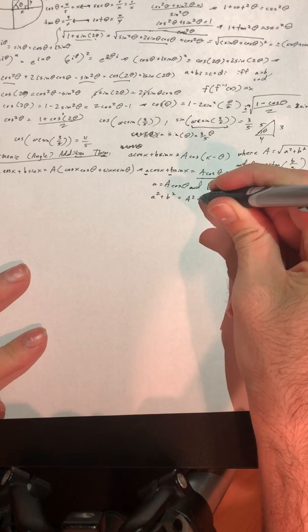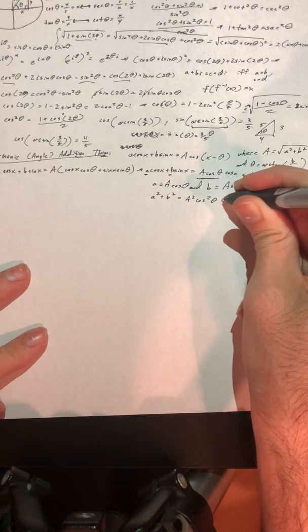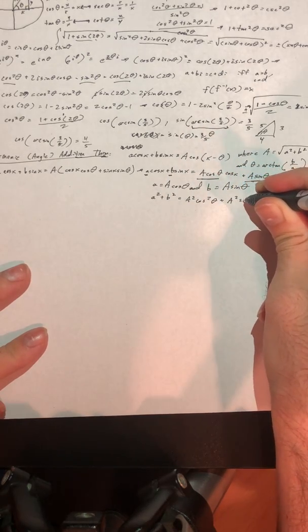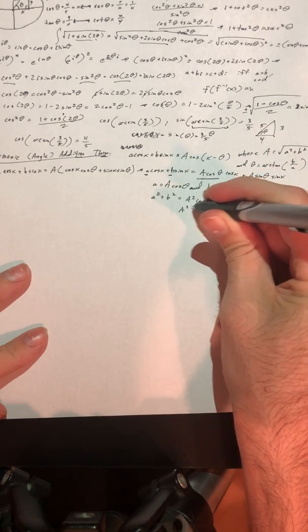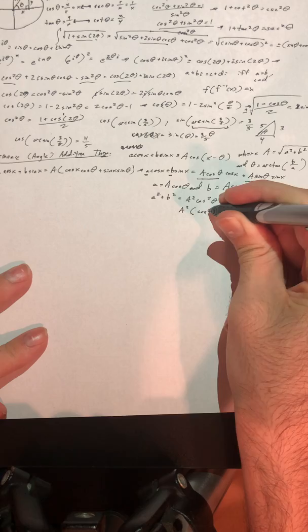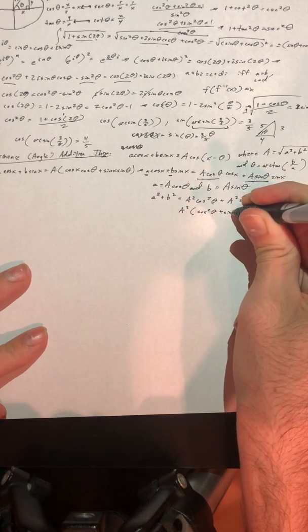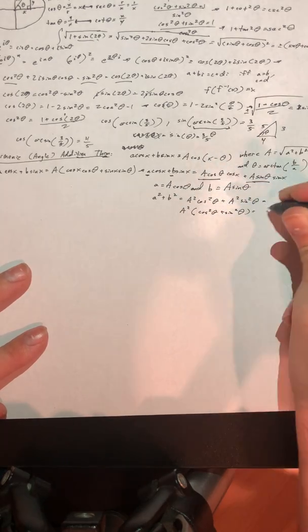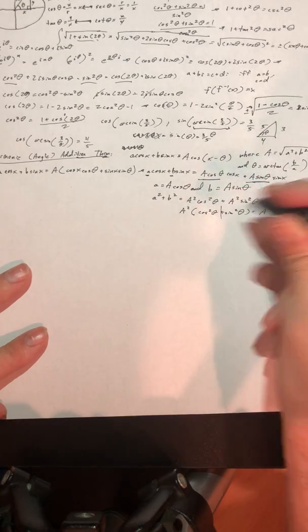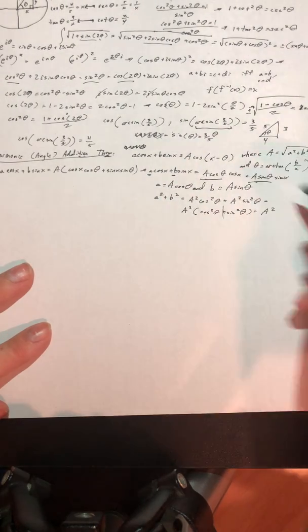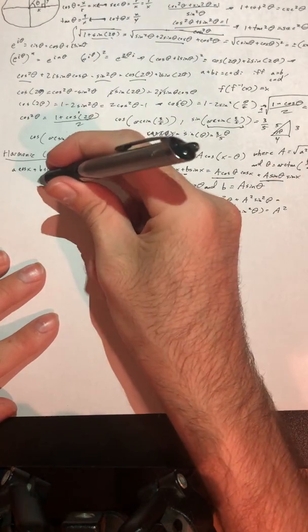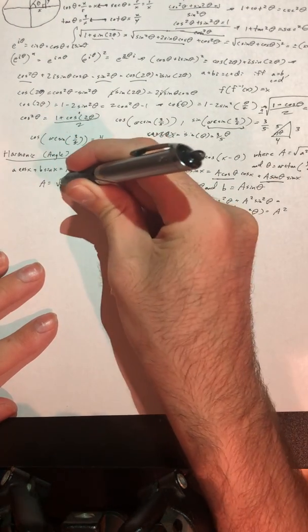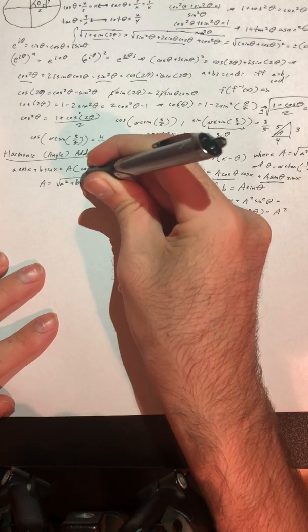A squared cosine squared theta plus A squared sine squared theta, which is equal to A squared times cosine squared theta plus sine squared theta, which is equal to A squared, because this is 1. So capital A squared is equal to little a squared plus b squared, so like I said, A is equal to the square root of a squared plus b squared.